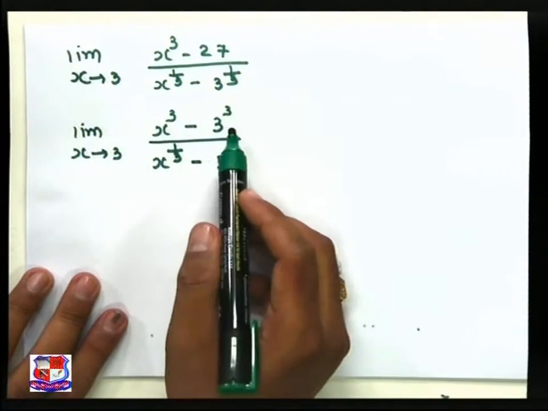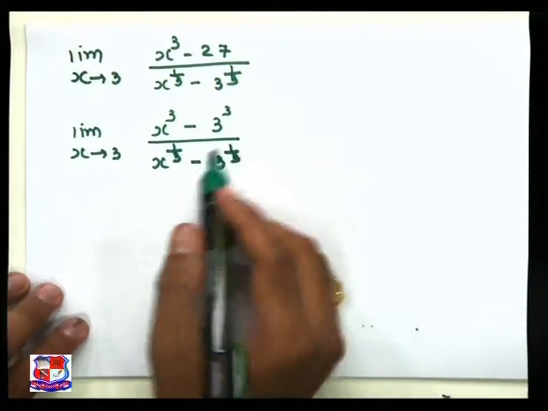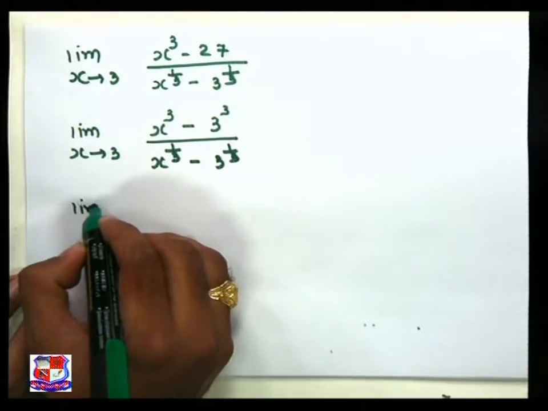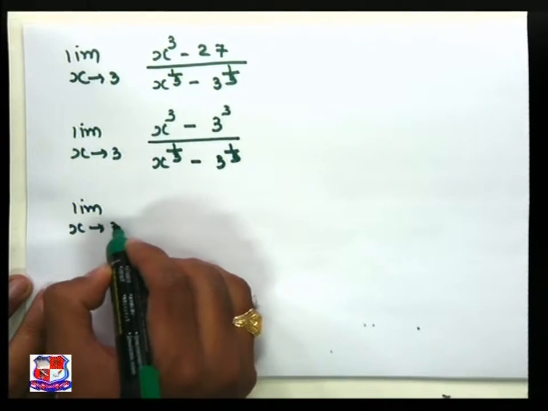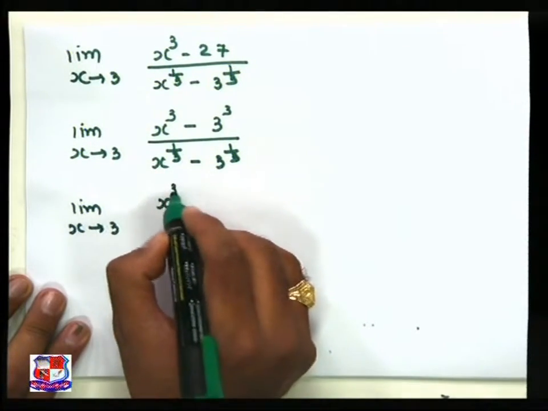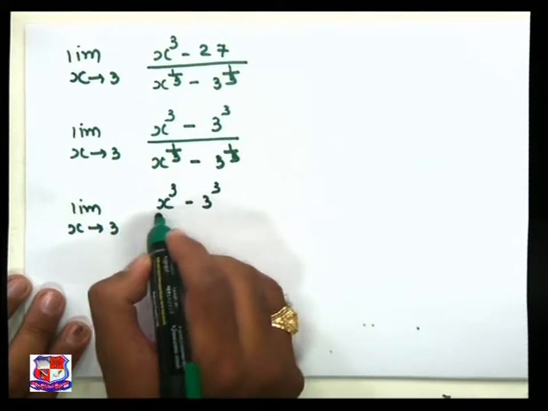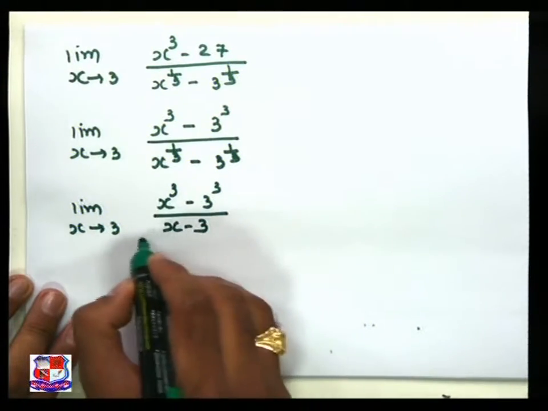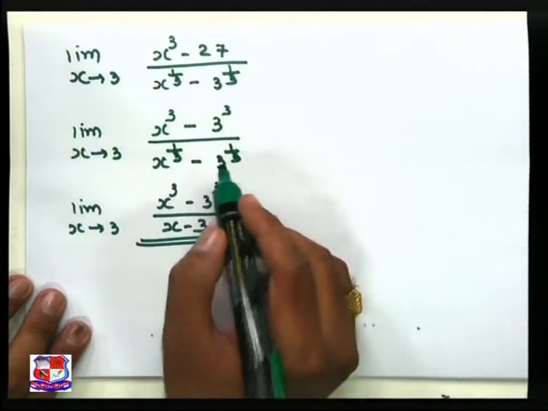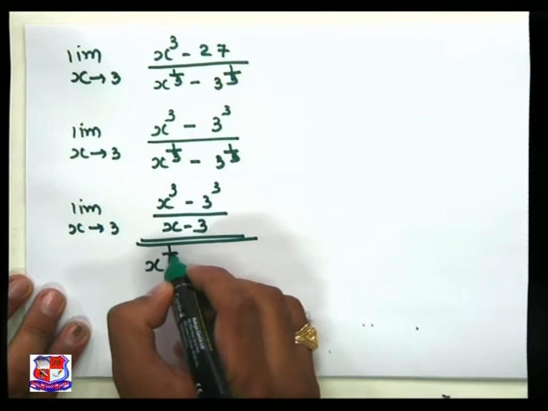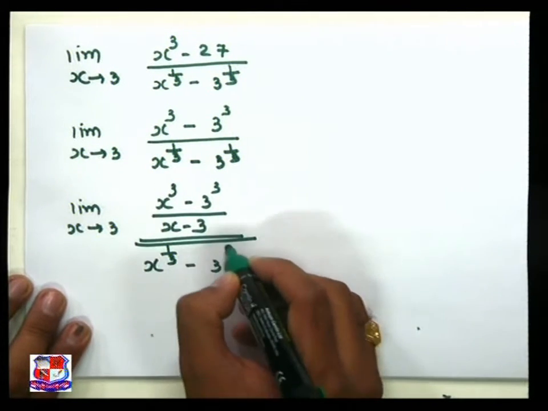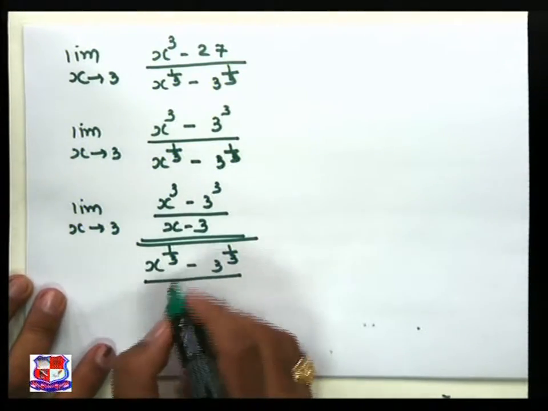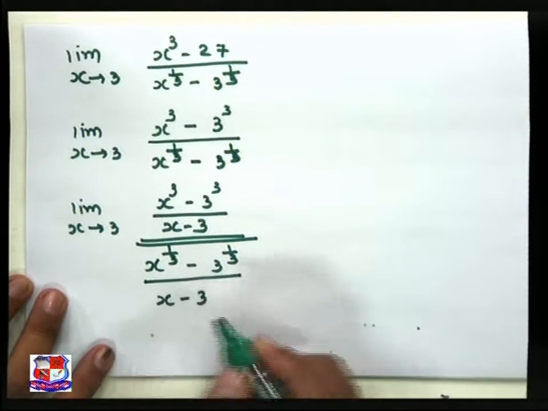Now we want to divide by the same value, that is x minus 3. So we divide and multiply both terms with x minus 3. Limit x tends to 3, x cube minus 3 cube divided by x minus 3, and the denominator the same, x raised to 1 by 3 minus 3 raised to 1 by 3 divided by x minus 3.